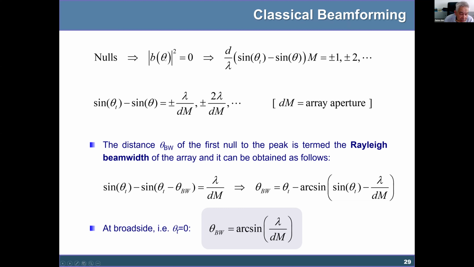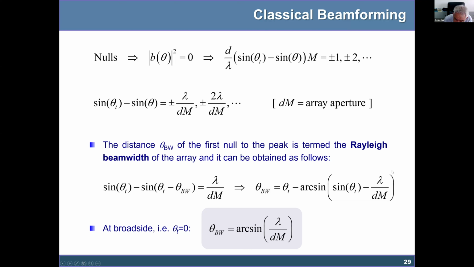So in place of theta, we put theta t minus theta BW, the beam width of the first null, and this difference should be equal to lambda divided by d times m, which is the array aperture. From this relationship, we find the beam width theta BW. So we bring this term on the left, we bring this term on the right, we calculate the arc sine, and we isolate theta BW.